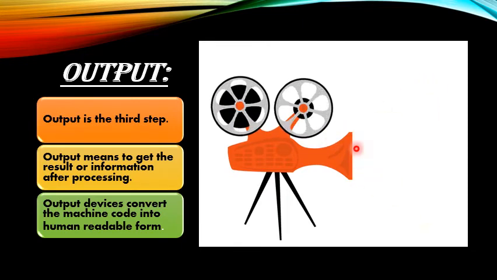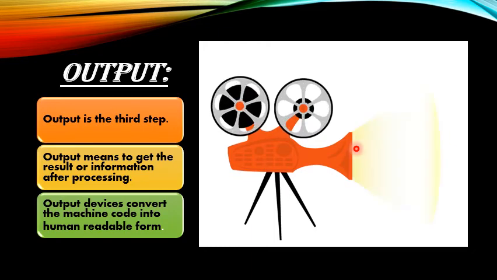So simply we can say that an output device is any piece of computer hardware equipment which converts information into human readable form. It can be text, graphics, audio, or video as well. Output is simply defined as the act of producing something, the amount of something that is produced, or the process in which something is delivered.